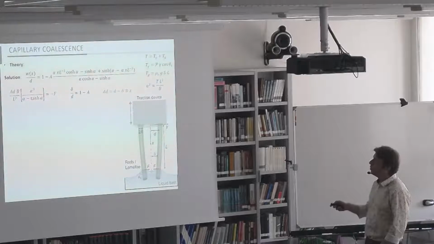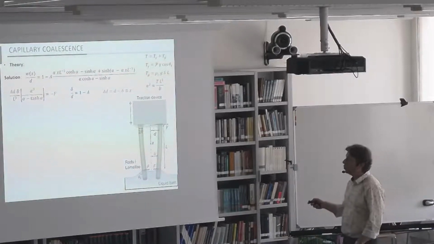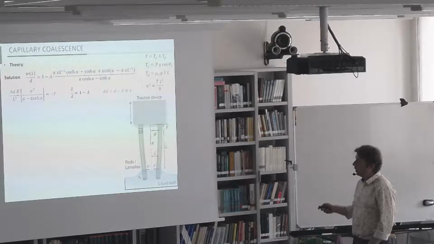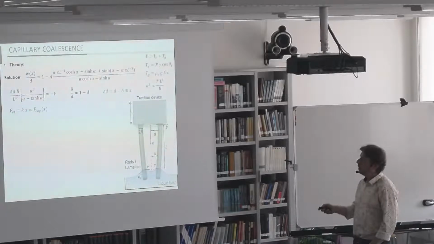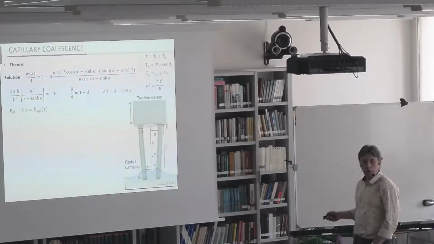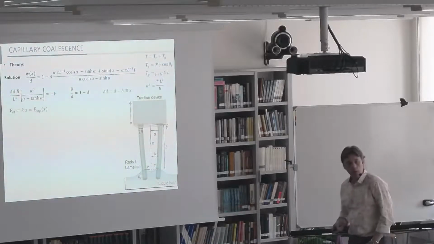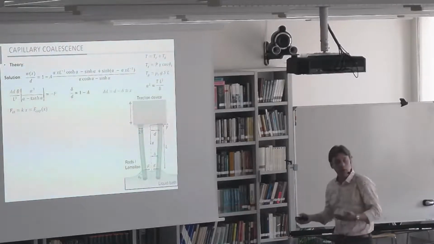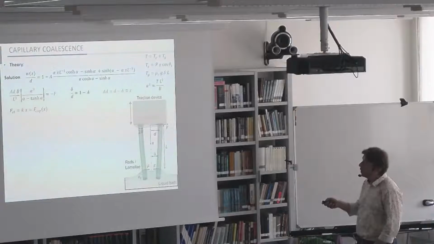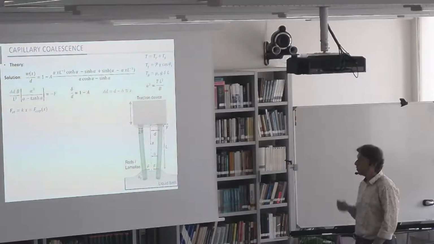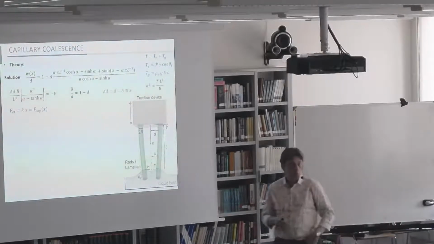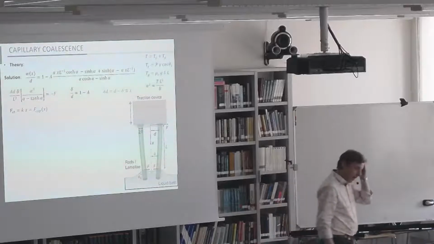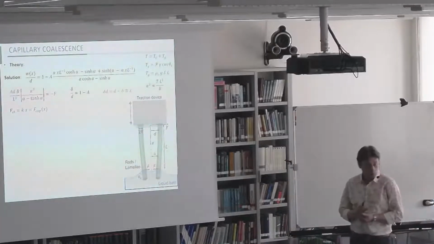And so this last equation we need to solve in order to completely solve the problem can be written like this. It's like an elastic force, with an effective spring constant K in red here times the displacement of the free end of the structure, which should be balanced by the capillary force, which also depends on the position. And so now, to proceed, you need to know the capillary force. And here we do an approximation.